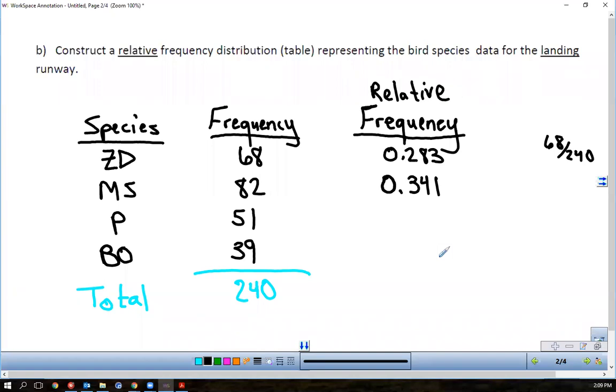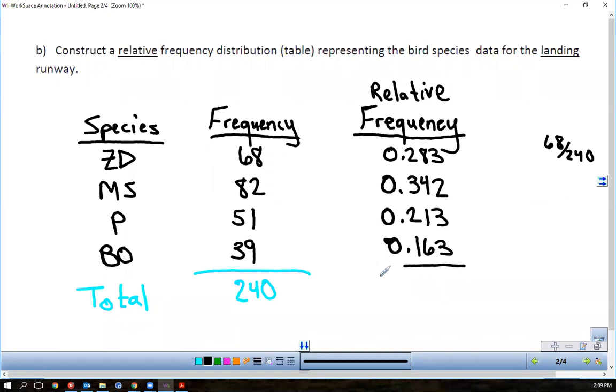Yes, I'd prefer all around. So would it be 1 or a 2? 2? Okay. Then next one, 51 divided by 240. 0.213. And then the last one, 0.163.